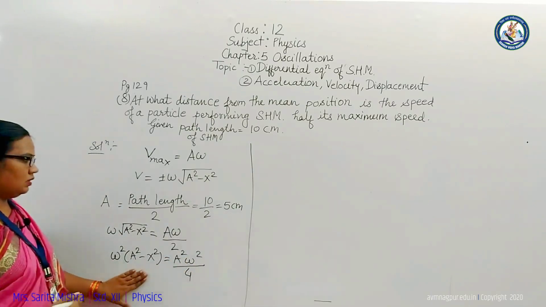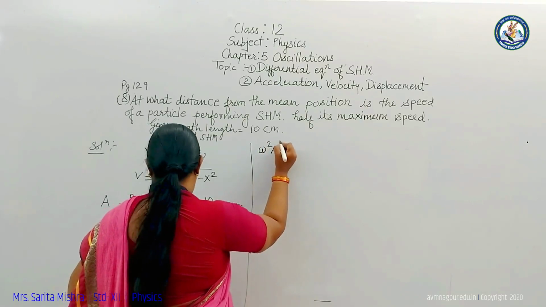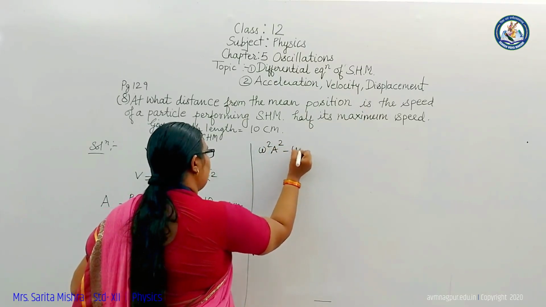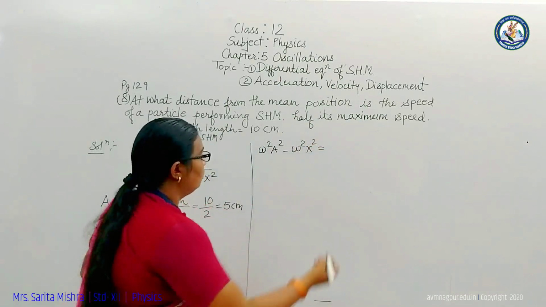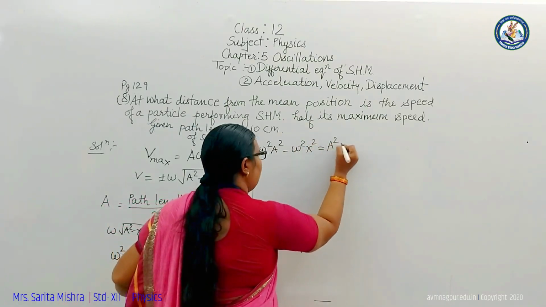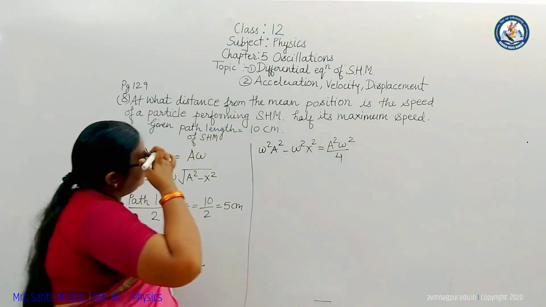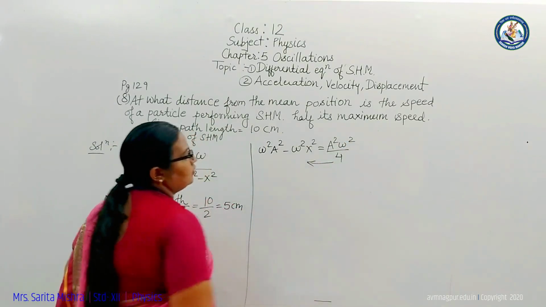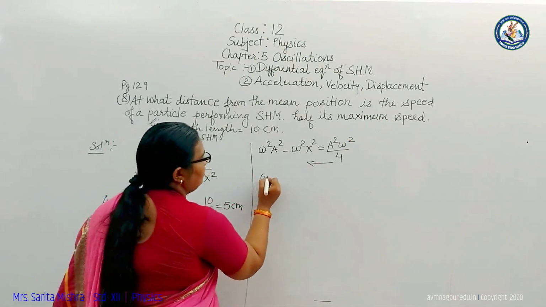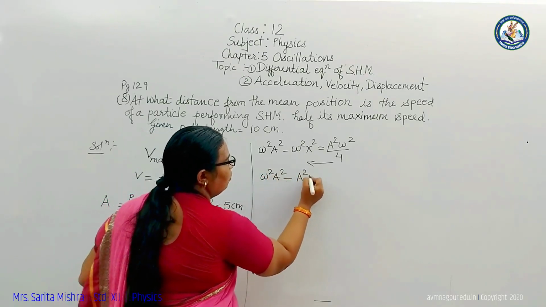Now solve this. Omega square a square minus omega square x square equals a square omega square upon 4. Now this goes here, and this is omega square a square minus a square omega square.